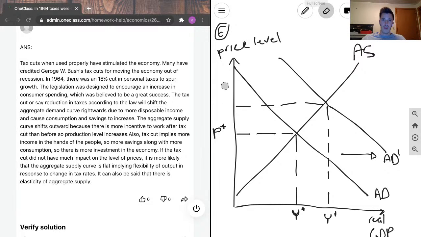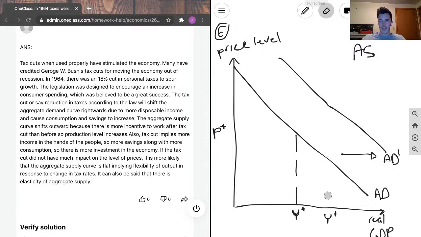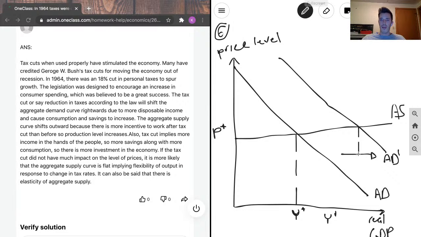However, if we are instead in a situation where we've got a nearly flat supply curve, so aggregate supply is instead like this, we would still see that large increase in real GDP.